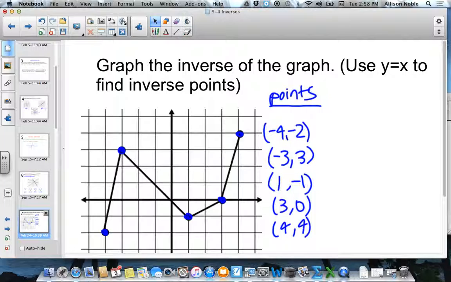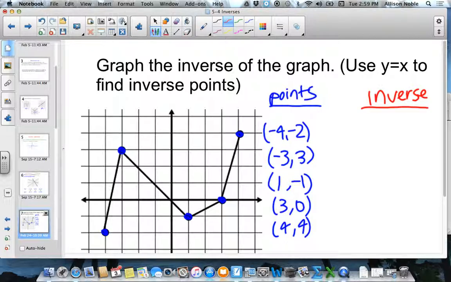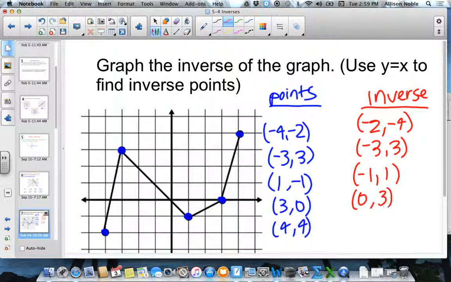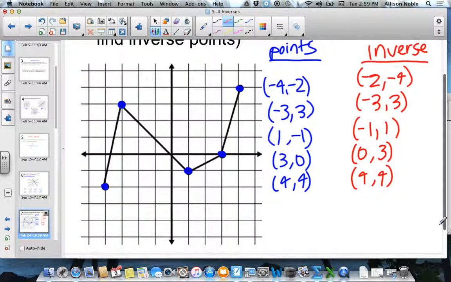Then the inverse of those points would be the x's and y's switched. So the inverses of my points would be -2, -4, 3, -3, -1, 1, 0, 3, and 4, 4. When I graph these points, I'm going to graph them in order and connect the dots as they go. So -2, -4 would be down here.